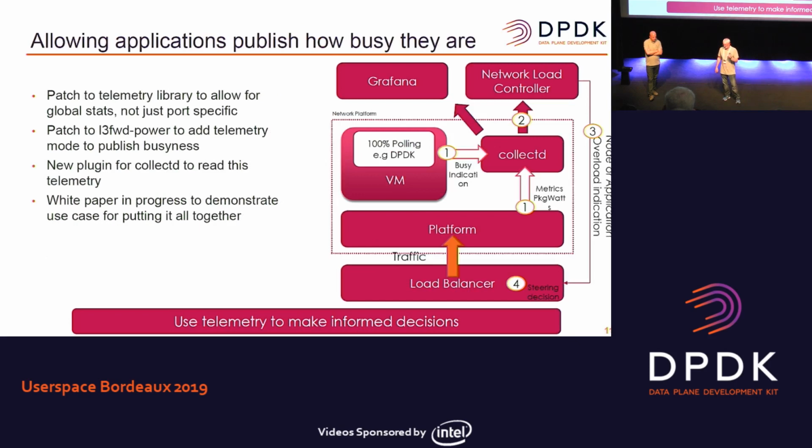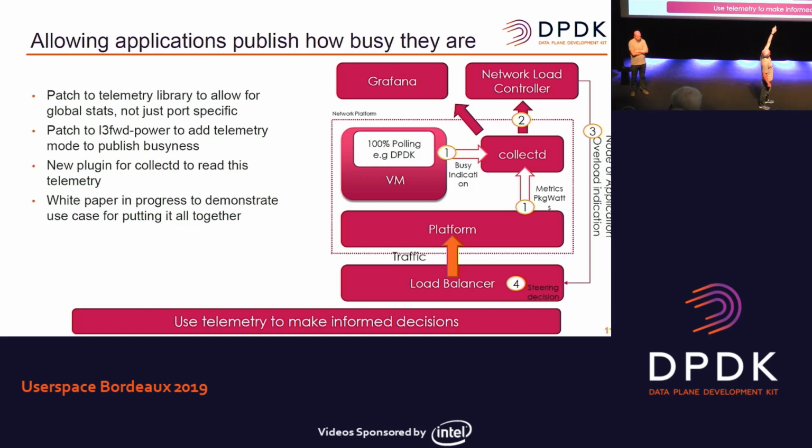So in order to demonstrate this, we're currently working on a white paper. We've come up with this kind of diagram, and we've implemented everything. We've glued together everything in this use case, and we've upstreamed everything required to do this. So we have the CollectD plugin, we have the change to L3 Forward Power, and so on.